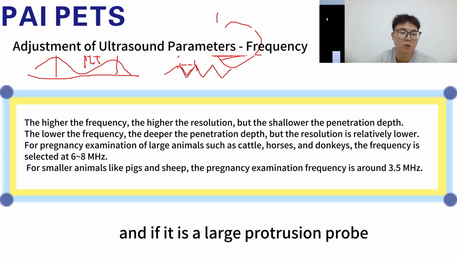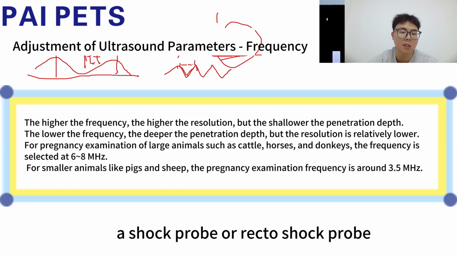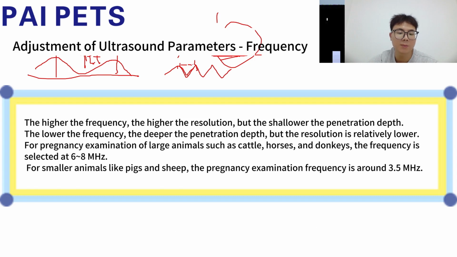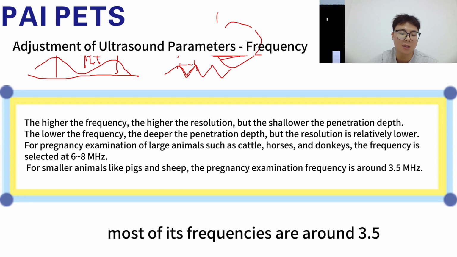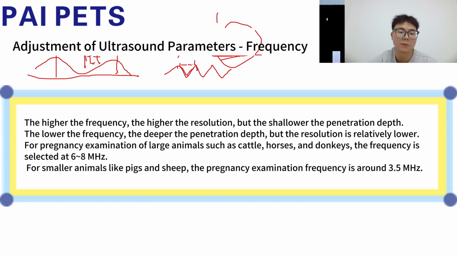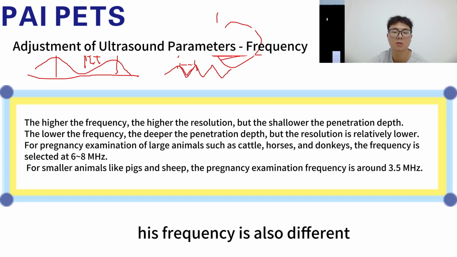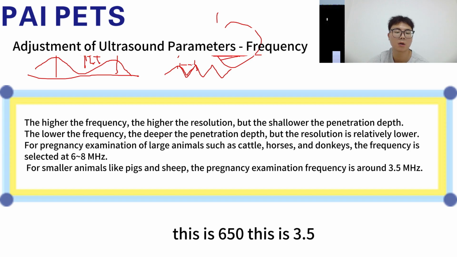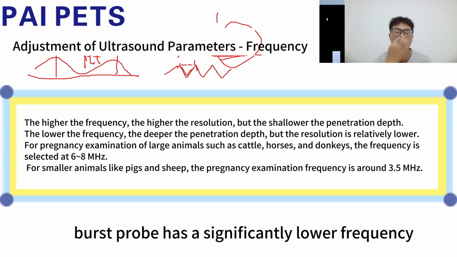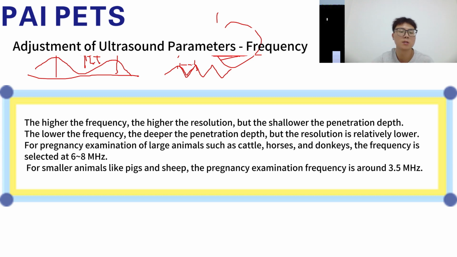And if it is a large convex probe, a rectal convex probe, most of its frequencies are around 3.5. These two probes are different, and their frequencies are also different. This is 6.5, this is 3.5. And this convex probe has a significantly lower frequency than this linear probe.